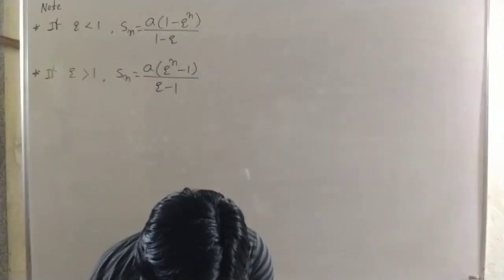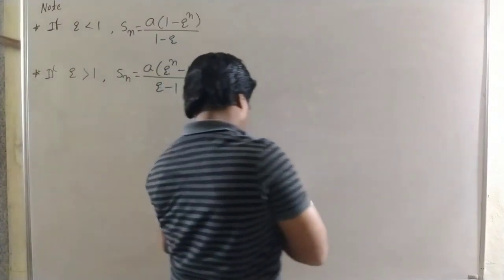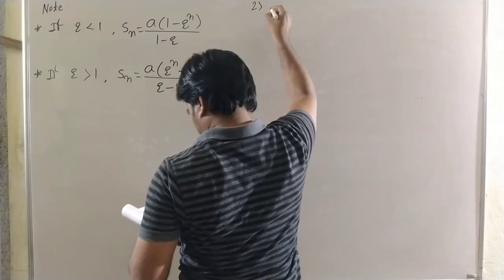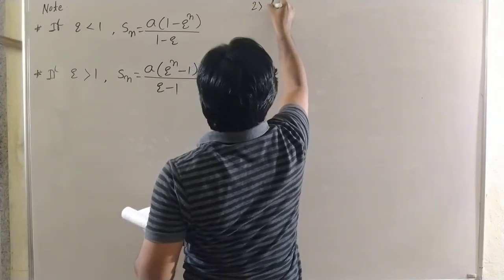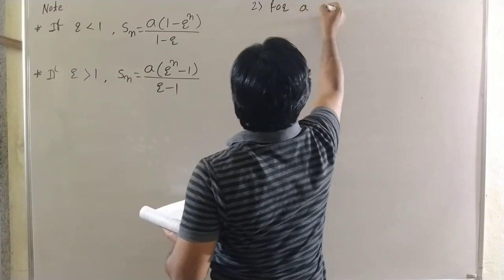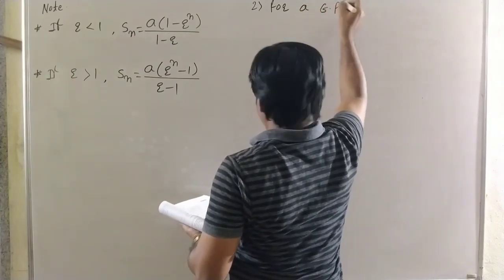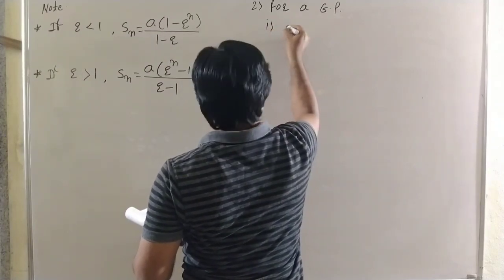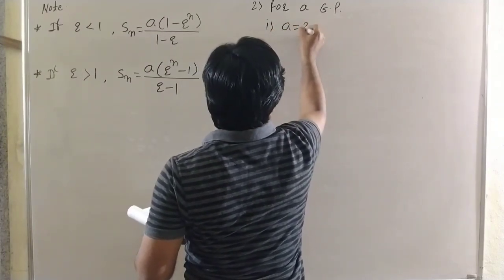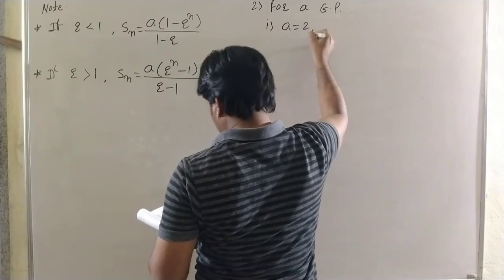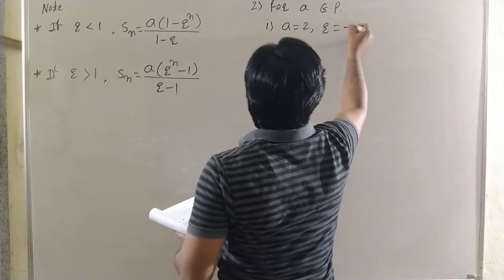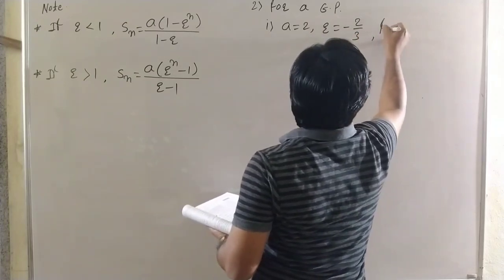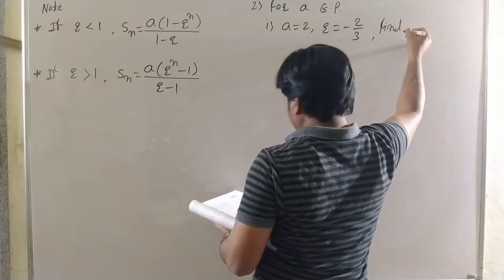Now next example. Example number 2. For a geometric progression, number 1: a is equal to 2, r is equal to minus 2 by 3, find S6.